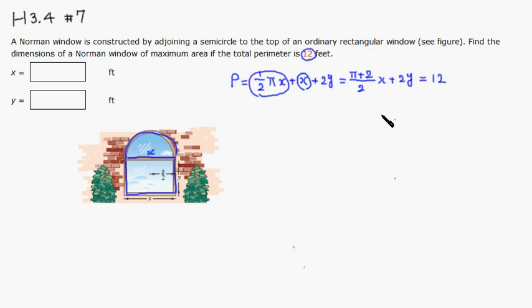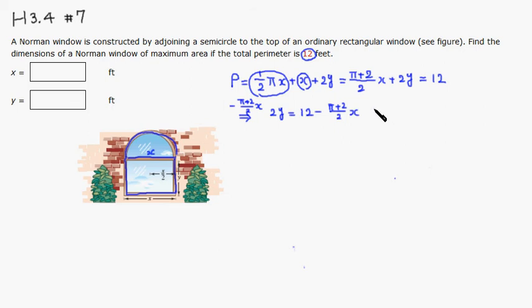All right, then let's try to solve for y. By subtracting (pi plus 2) over 2 x, we get 2y is equal to 12 minus (pi plus 2) over 2 x.